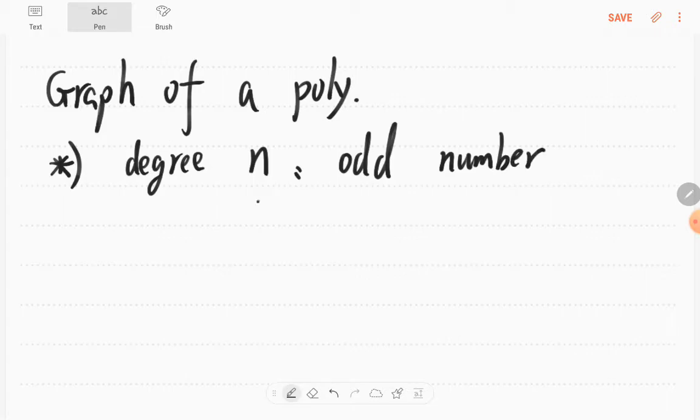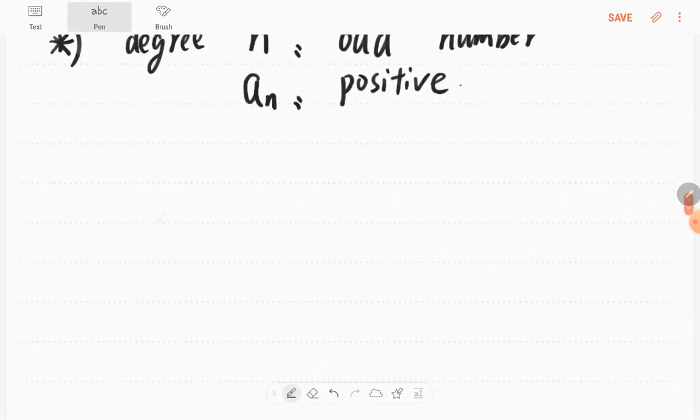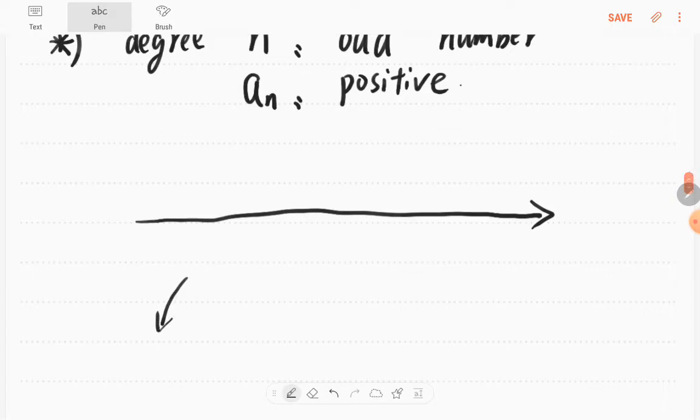And the leading coefficient a sub n is positive. Then the graph for a polynomial always starts from below the x-axis, okay, and ends above the x-axis.